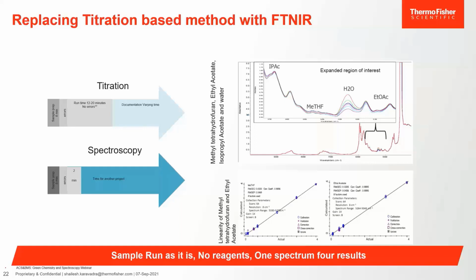Time and cost savings from just one project in a year could cover the whole project cost. Also, it allows labs to be greener and more friendly towards the environment. In this example, with one single spectrum, with no reagents, running the sample as it is, we can get 4 results of these 4 concentration measurements that were required for this method.